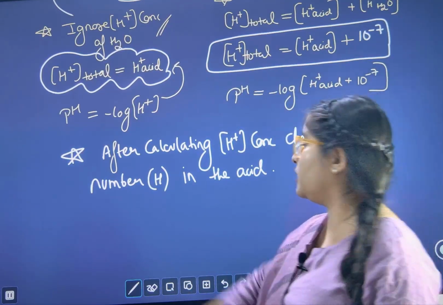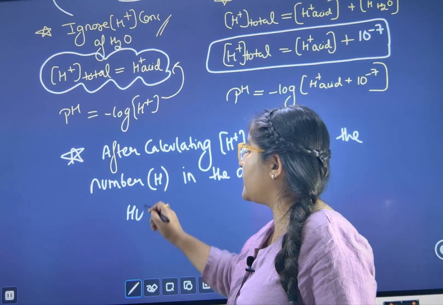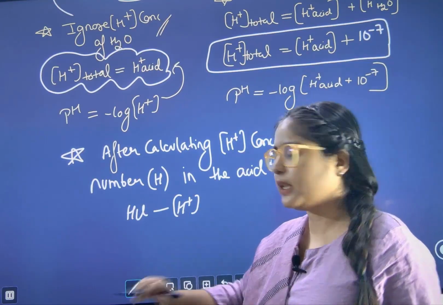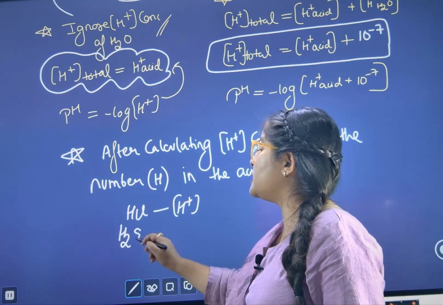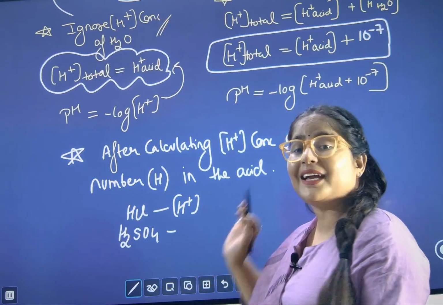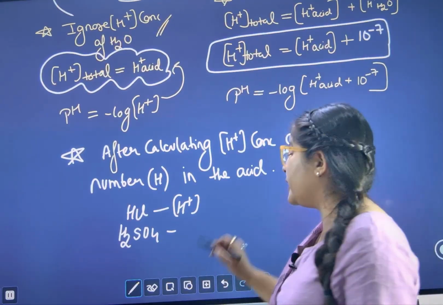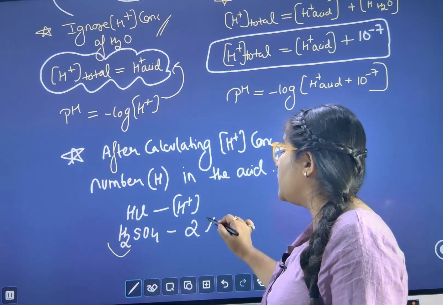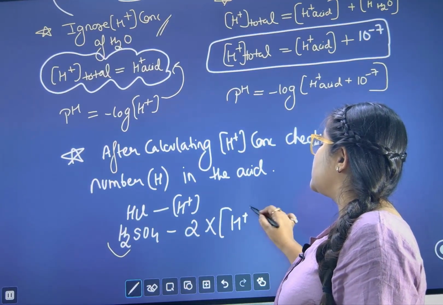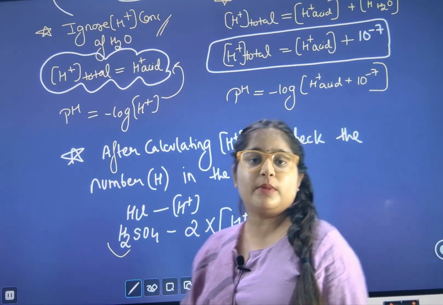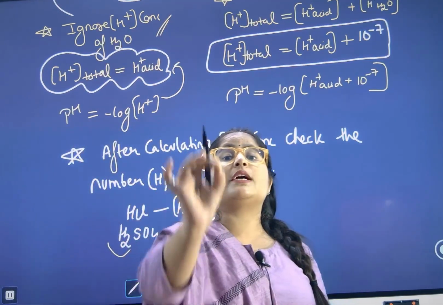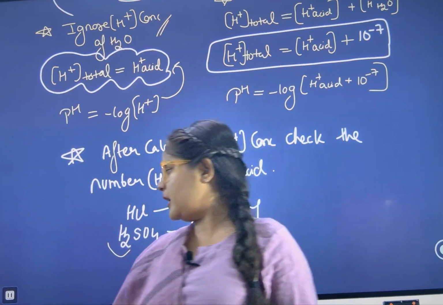What does it mean? Let's say, for example, I am taking HCl. Here it is the H ion concentration, whatever we have calculated. But if I am saying H2SO4, here we will not write down the H ion as calculated. Here we will say 2 hydrogen, so we will multiply by 2 into H plus ion concentration. Are you able to understand? This is the trick here. This is the star point here. Here only you are going to make mistakes. Okay. Now let us solve one question.